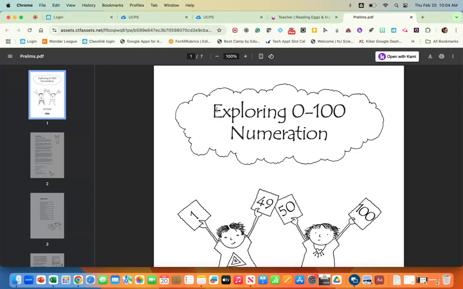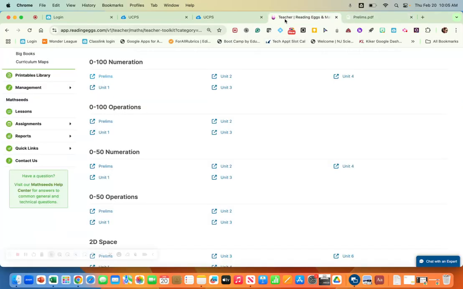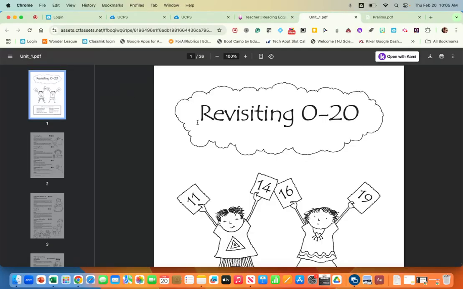In order for you to see, you would just have to, and these are the preliminary. So you can start with 0 to 100 numeration, unit 1. It's showing you that this particular unit is going to help your students with numeration from 0 to 20.